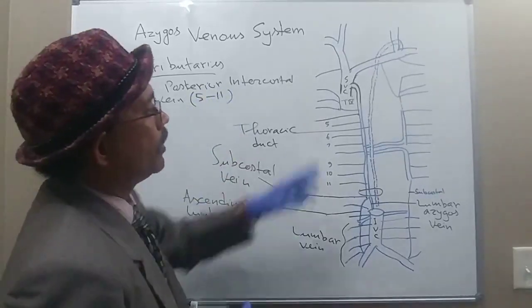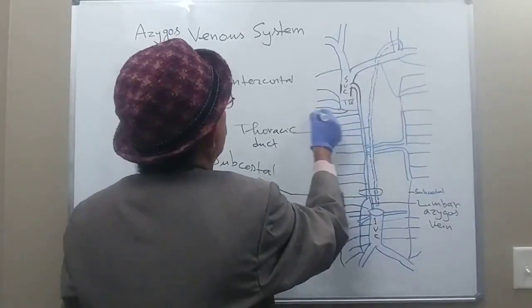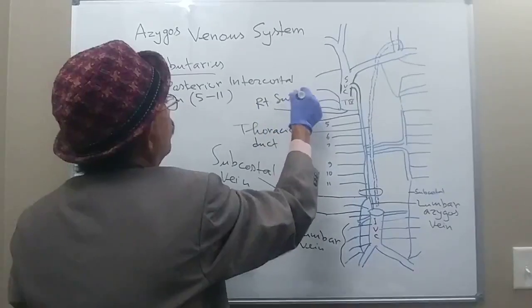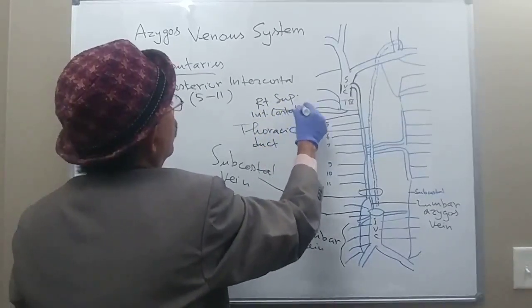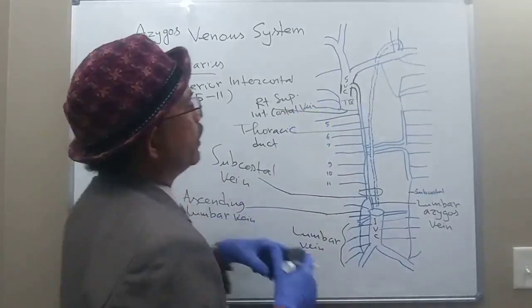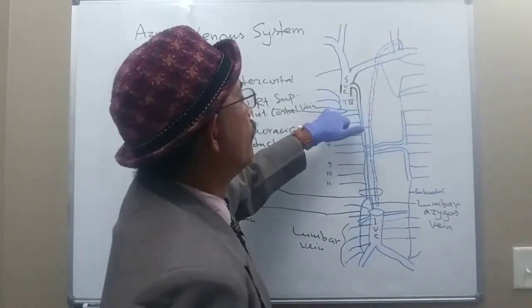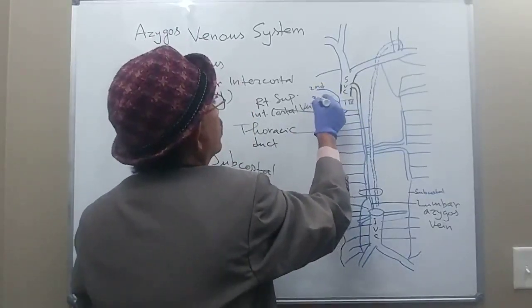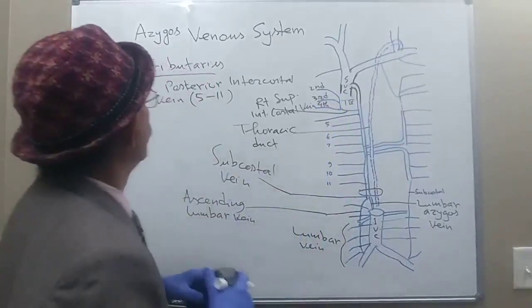Then we have the right superior intercostal vein, which drains the second, third, and fourth intercostal spaces.